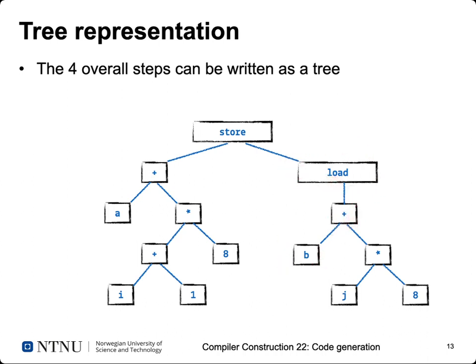On the left hand side we calculate the offset into array A. First we add 1 to I, then we multiply this index I plus 1 by our constant 8 again, add this to our base address of A, and then finally we can load the value from the j's element of B and store it into the I plus first element of array A.